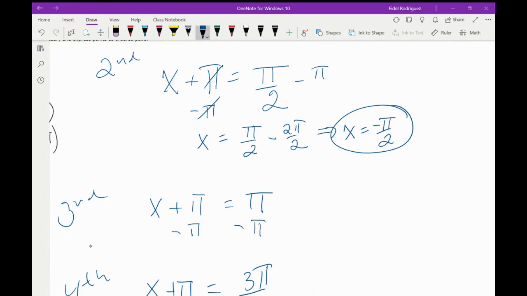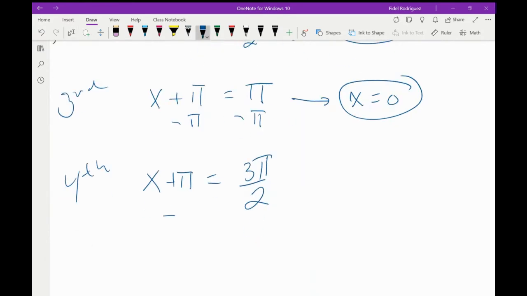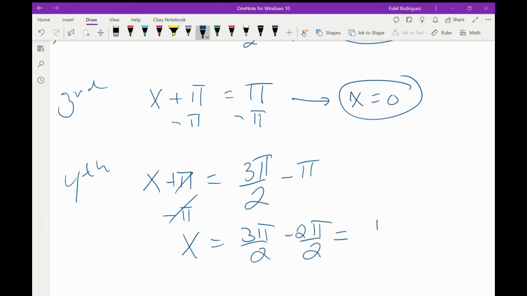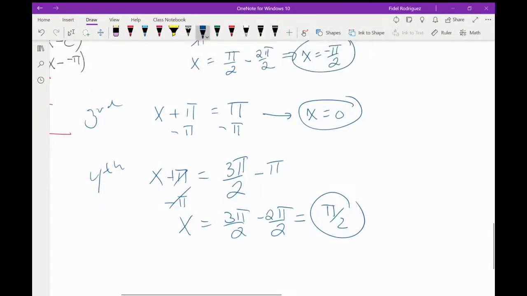Minus pi and minus pi. Very good. Let's do this one more time. Minus pi, minus pi. Again, can we think of this as 3 pi over 2 minus 2 pi over 2? Pi over 2, right?